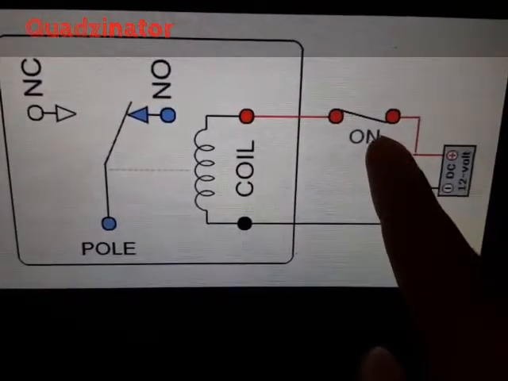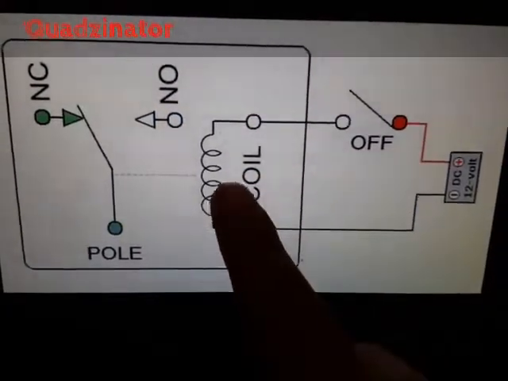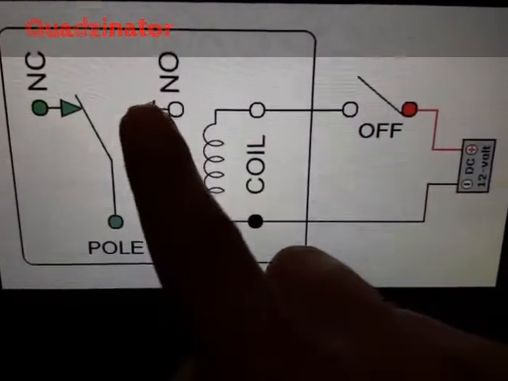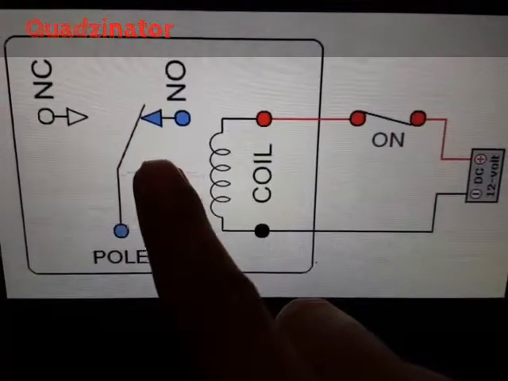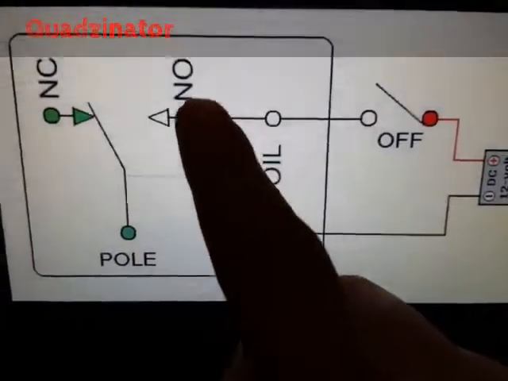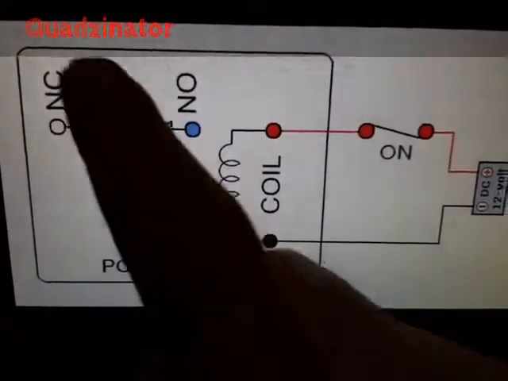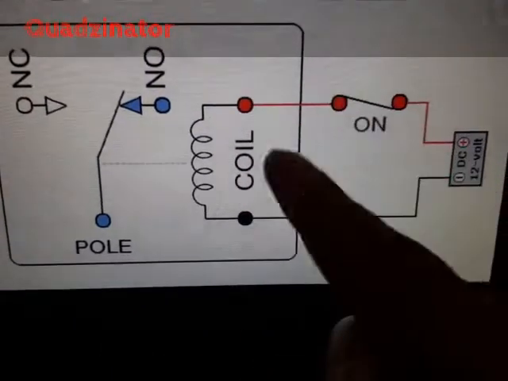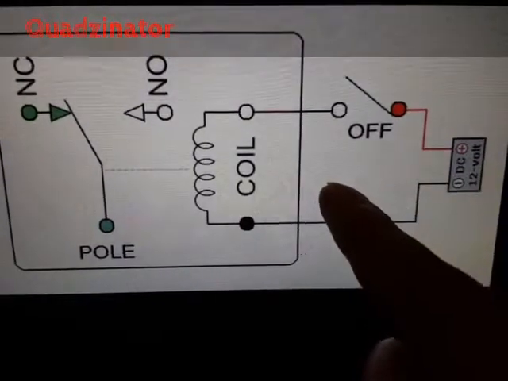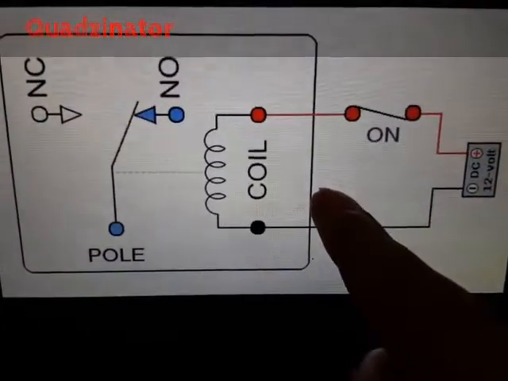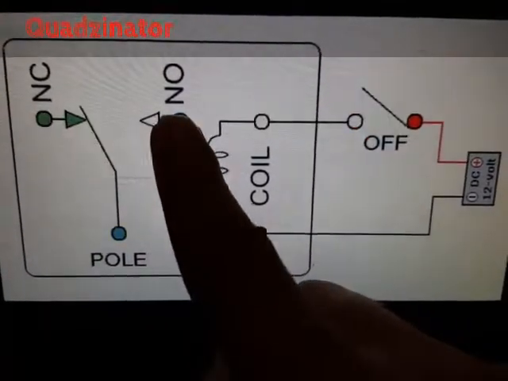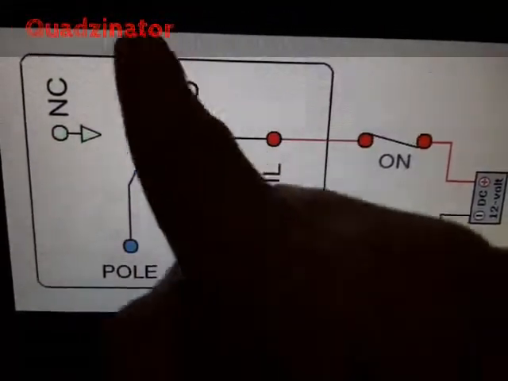Whenever the switch is turned on, the magnet works. Therefore, it pulls this metal conductive material towards the NO. NO stands for normally off, NC stands for normally connected. So again, when we connect the small, low voltage circuit, the magnet turns on, pulls the pin to NO, and then we get connectivity for the high voltage circuit.